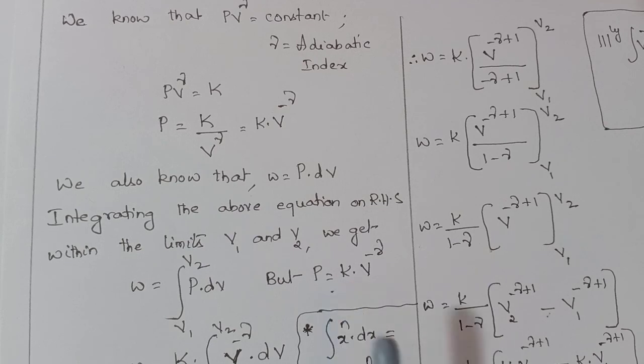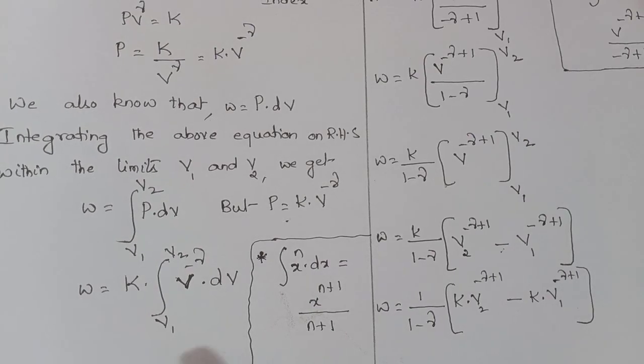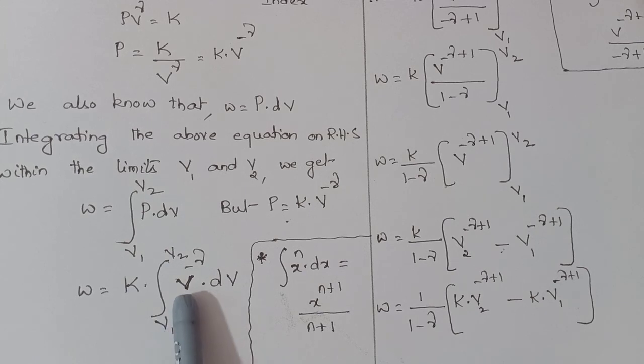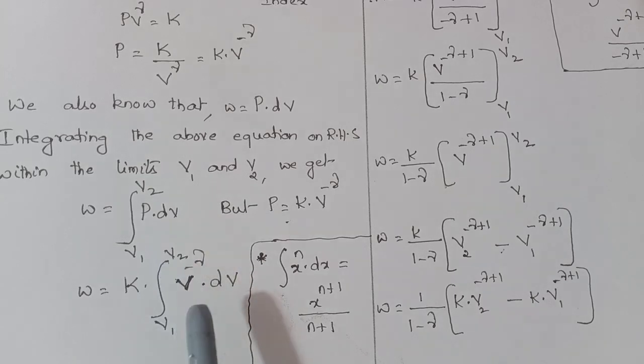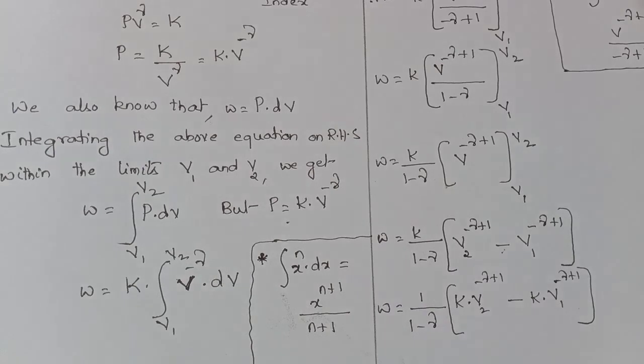So W is equal to K, which I am writing outside, integral of V to the power minus gamma into dV within the limits V1 to V2.